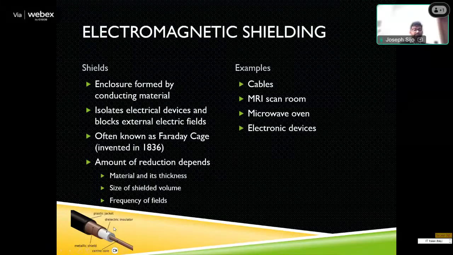Also, for a big example, for the cable we can see different cores and different dielectric materials. Depending on the application, especially in the signal cable, we can see highly insulated material and also high shielding in the outermost shell. Sometimes we can even see oil or different insulating material to avoid these kinds of interactions.